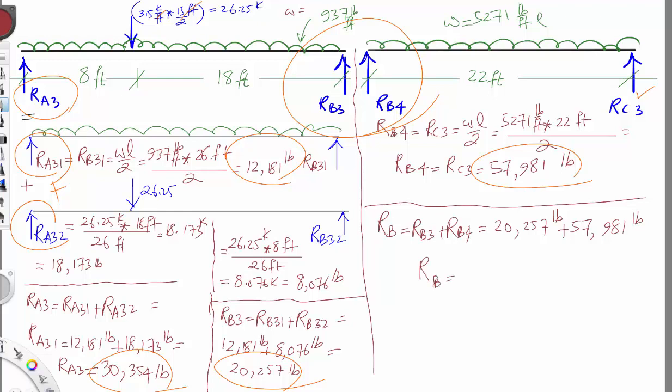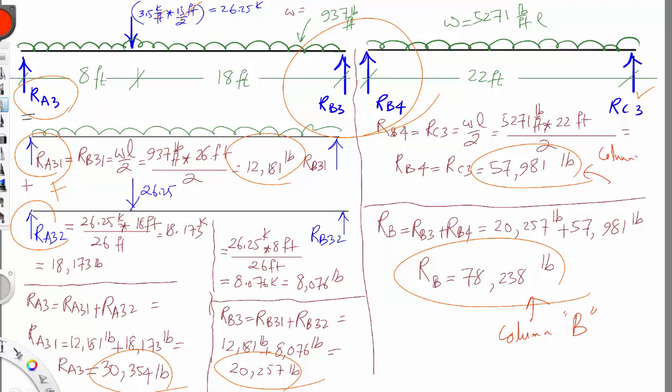So RB is equal to 78,238 pounds, and that is the axial load on column B. So we can say this is column B, this is column C, and this one is column A.